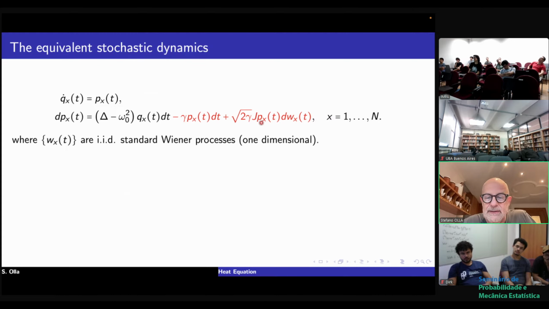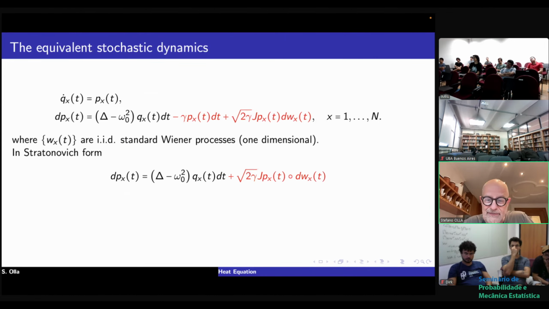J is the same matrix as before, so this JP is the action of this rotation, and this is written in Ito form, which is the way I like to do calculations. For people that are fond of Stratonovich form, the equation will be written this way.